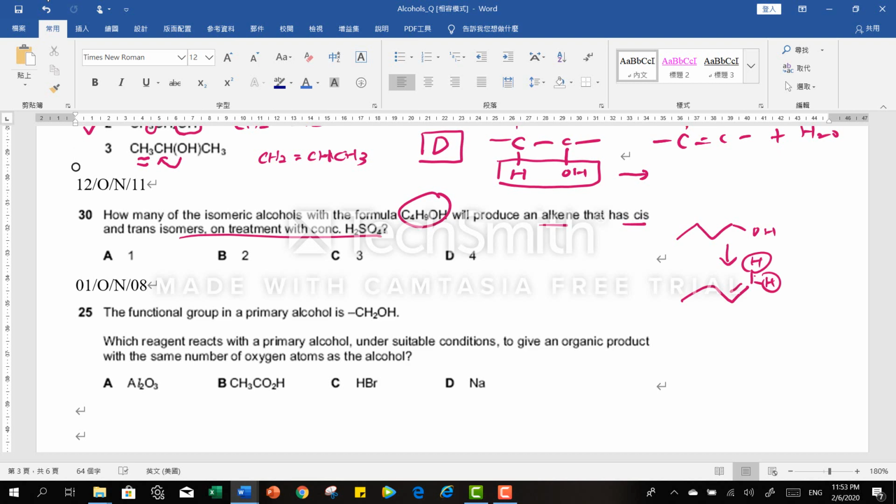And then one here, right? So you can see this is 1, 2, 3, 1, 2, 3.